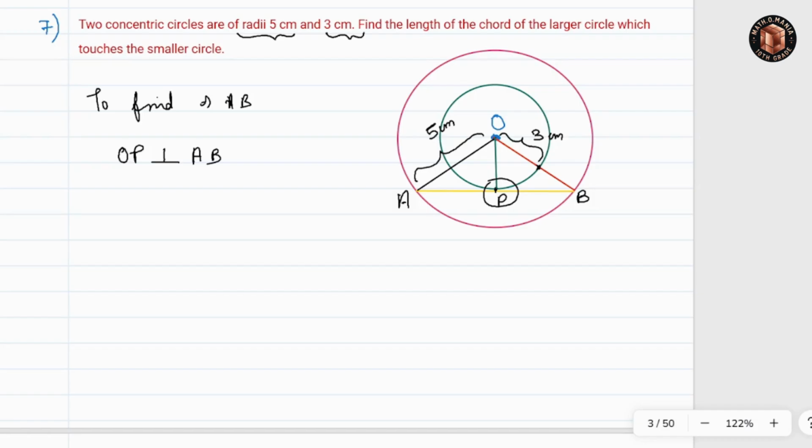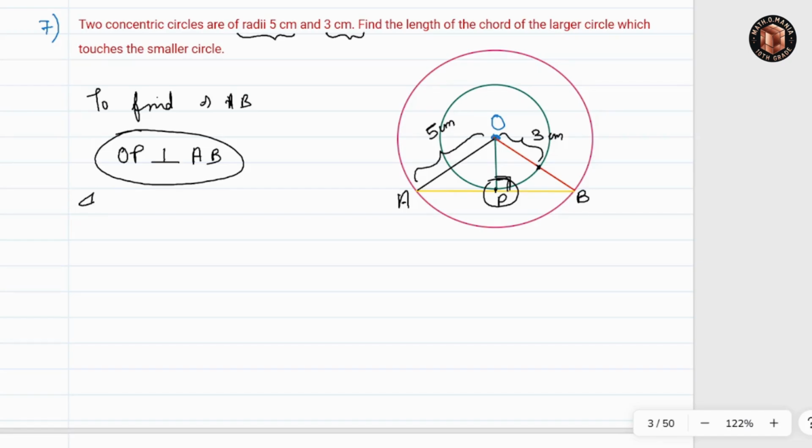AB is the tangent and P is the point at which it touches the circle. So that is the point of contact of this tangent, and we are connecting O to P. Then as per the theorem, this angle should be equal to 90 degree. Right? Therefore, OP is perpendicular to AB.